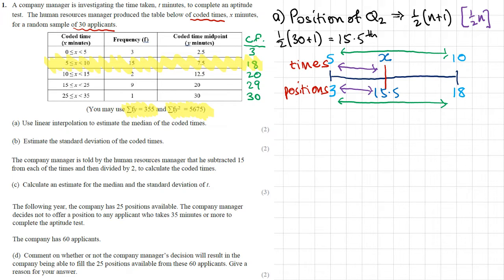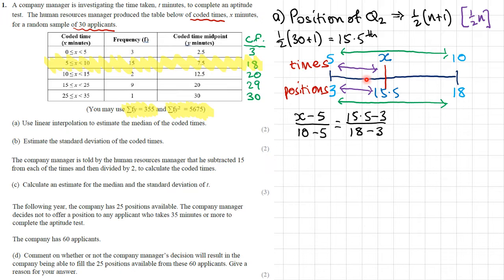And write that as fractions equal to each other, and then solve for X. So I will write X minus 5, that's the purple one, divided by 10 minus 5, that's the green one, is equal to 15.5 minus 3, that's the purple one, divided by 18 minus 3.